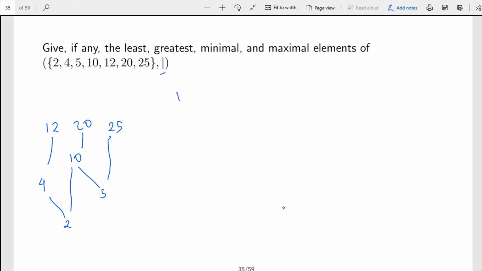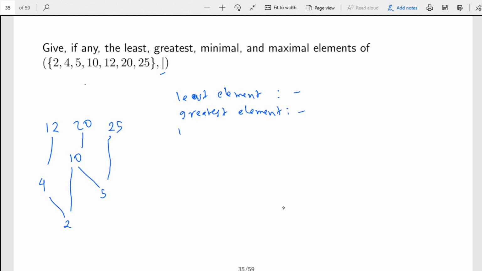So the least element is none because there is no element that is less than or equal to every other element in the set. The greatest element is also none, so there is no element that is greater than or equal to every other element in the set. You see, there is no all-encompassing element here.